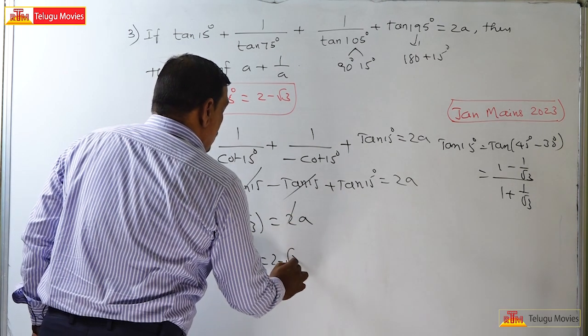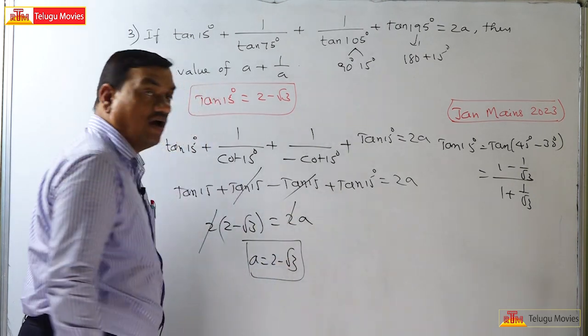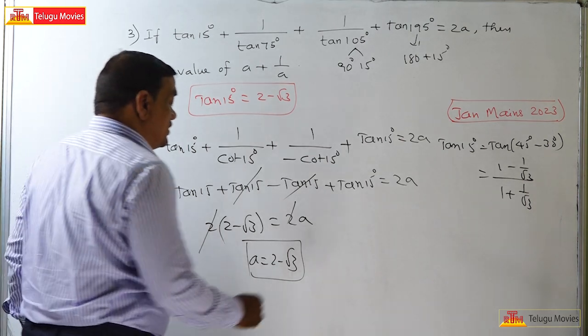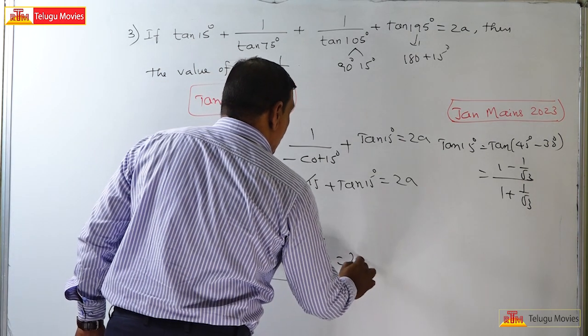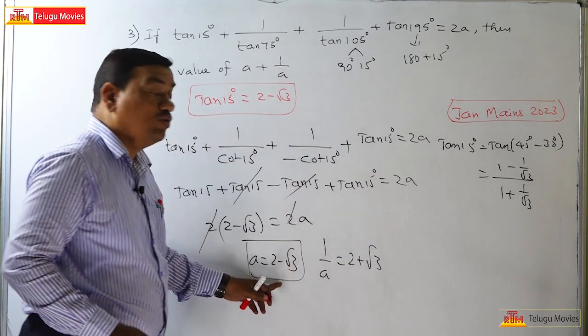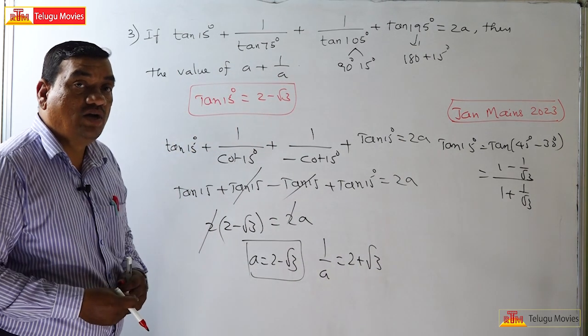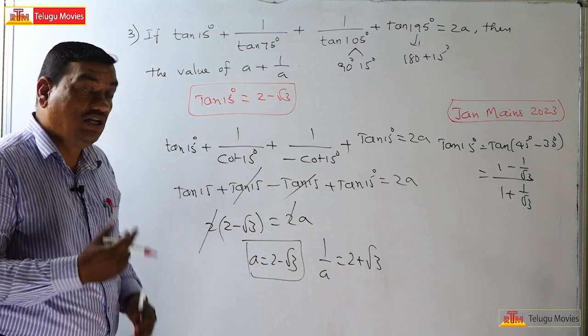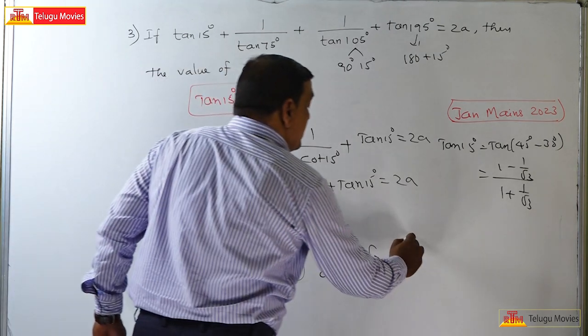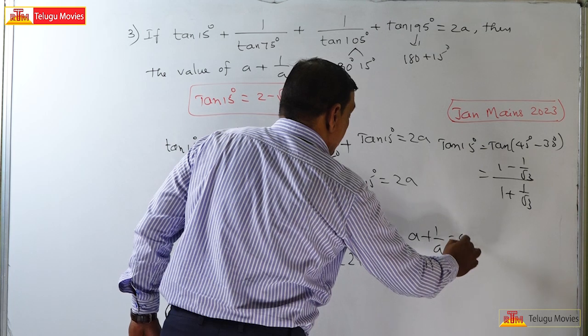So a is equal to 2 minus root 3. Now if a is equal to 2 minus root 3, therefore 1 by a is equal to 2 plus root 3. Check it: 1 by 2 minus root 3, multiply by 2 plus root 3 over 2 plus root 3, giving 4 minus 3, which is 1. So a plus 1 by a is clearly 4.